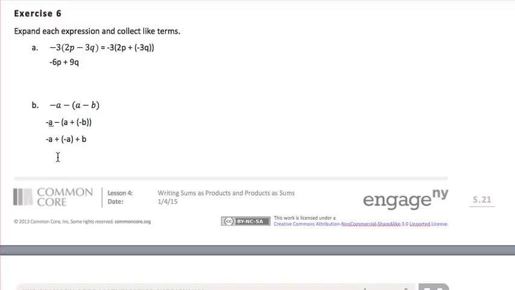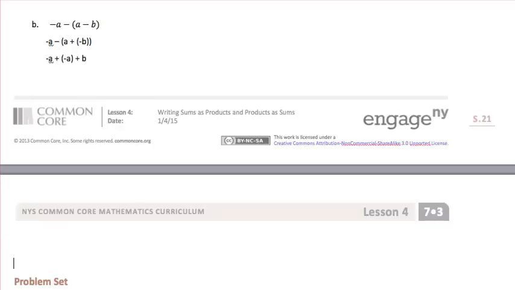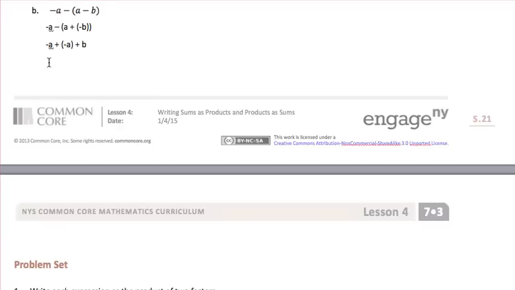Then finally, we're going to collect the like terms. There are 2 negative a's. So that is negative 2a.